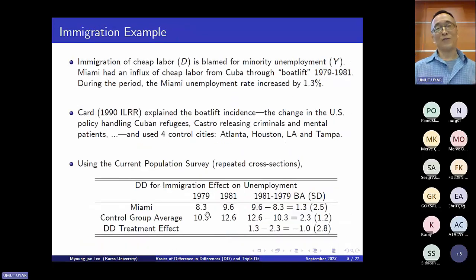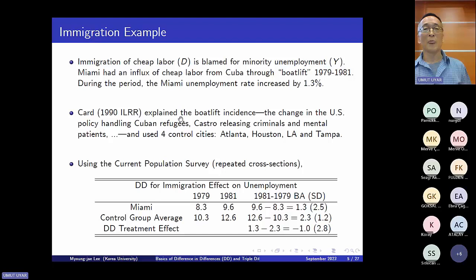Here is a famous example for DD. A long time ago, there was an incident called the boat lift. The issue was that immigration of cheap labor is often blamed for unemployment.